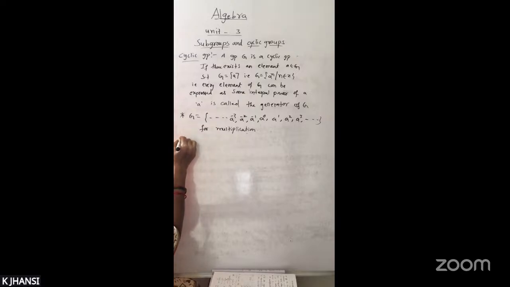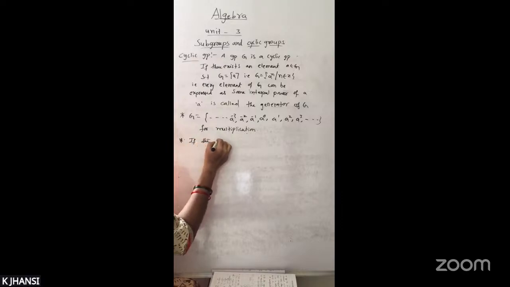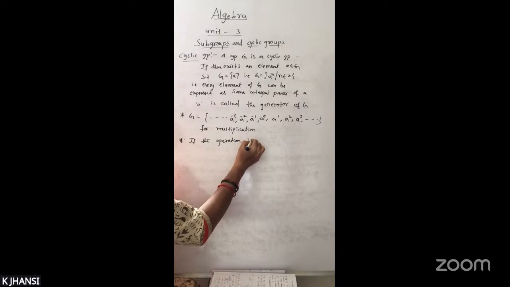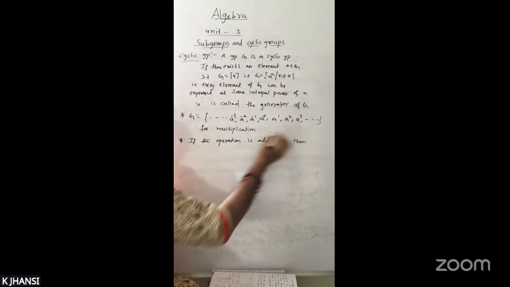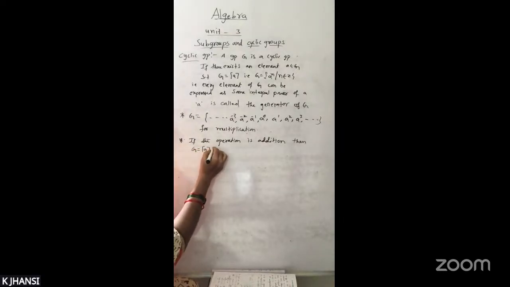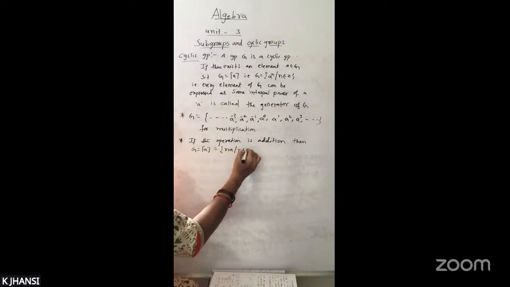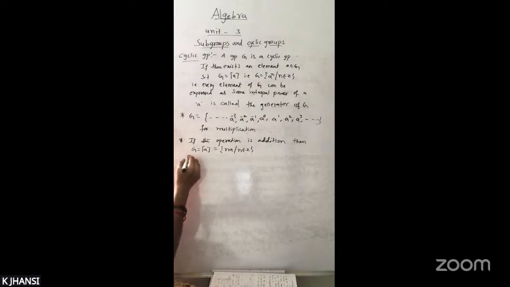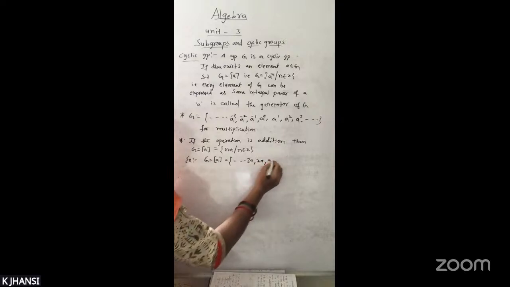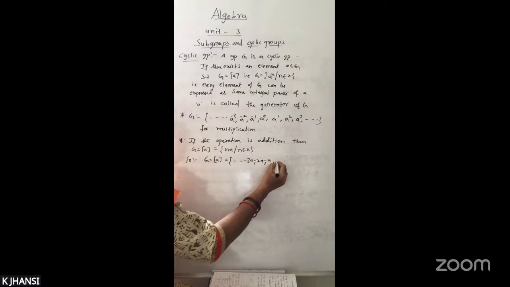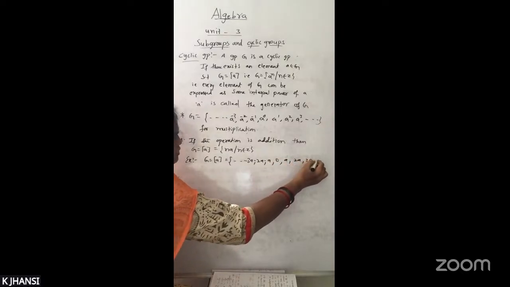If the operation is addition, then G equals na such that n belongs to Z. An example you can take is G generated by a, such that it contains 3a, 2a, a, 0, a, 2a, 3a, and so on.